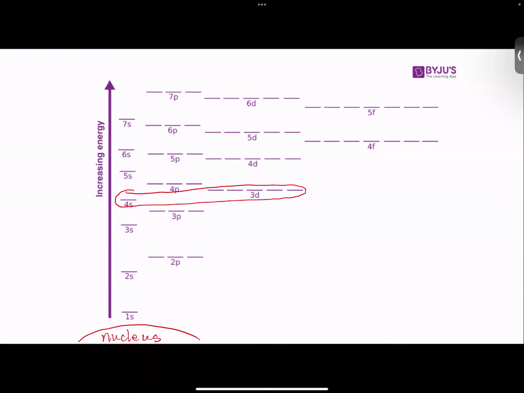And what we do is we wind up with a crossover. The same thing will go with the 5s and 4d. They're actually pretty close in energy, and so we wind up crossing over some electrons. That's going to be important when we start dealing with the transition metals. And it's also going to be important when we deal with some anomalies.